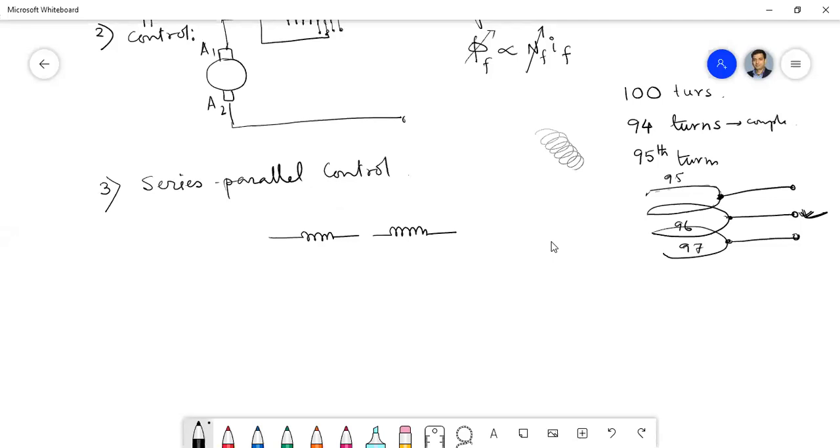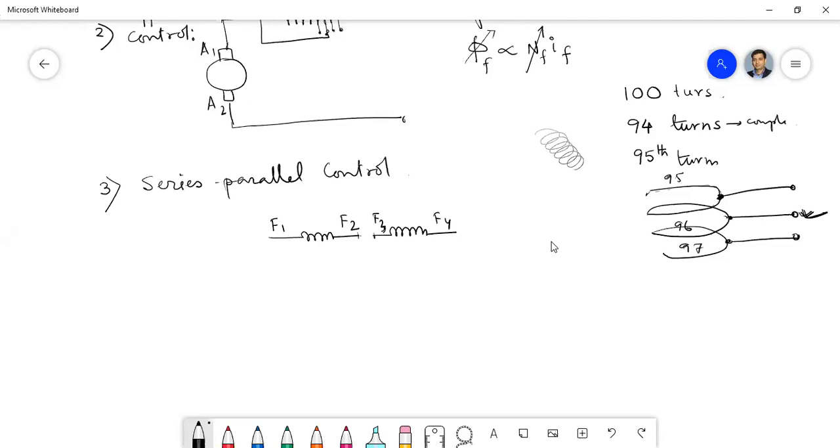Clear? Any other doubt? If we have 4 terminals, or a split field coil like this, a field coil is there but it has a break, so that means 2 different field coils.